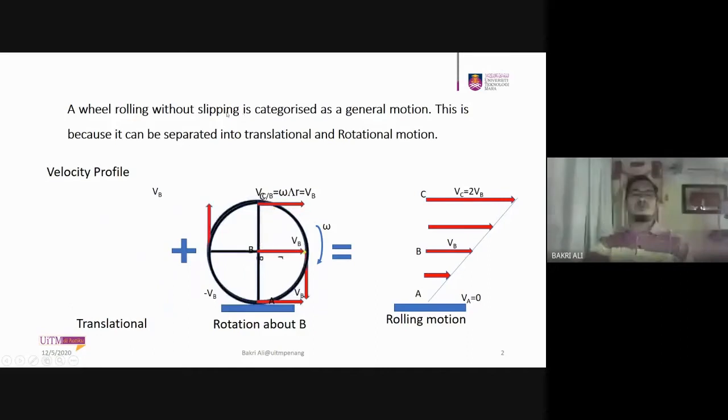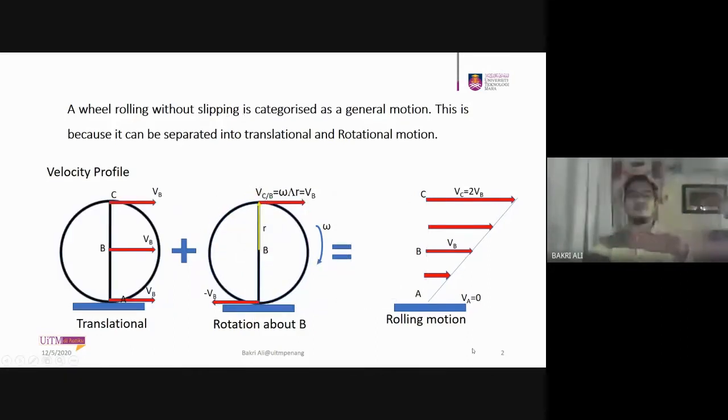It shouldn't slip. If the wheel slips, then the bottom velocity will not be zero. In that case, we don't call it a rolling motion. So rolling motion occurs only without slipping.